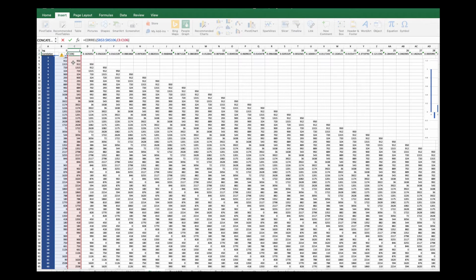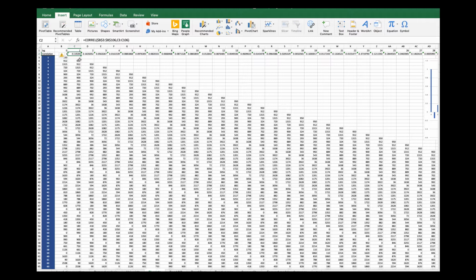Remember what we covered in theory. We are analyzing if the demand in period 2 is correlated with the demand in period 1, if the demand in period 3 is correlated with the demand in period 2, 4 with 3, 5 with 4. Is it correlated?